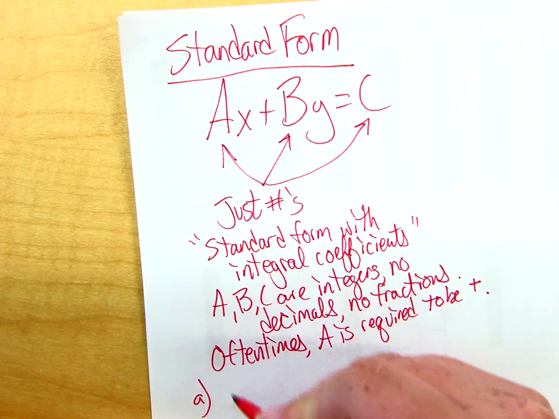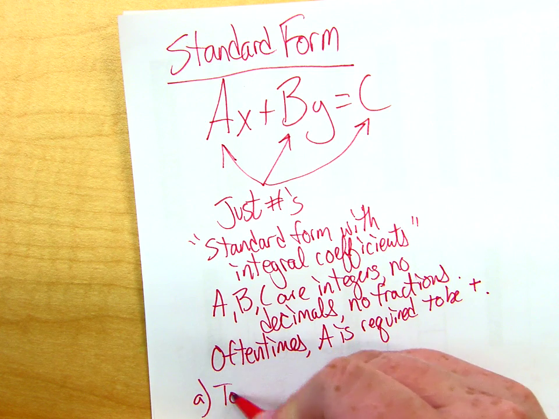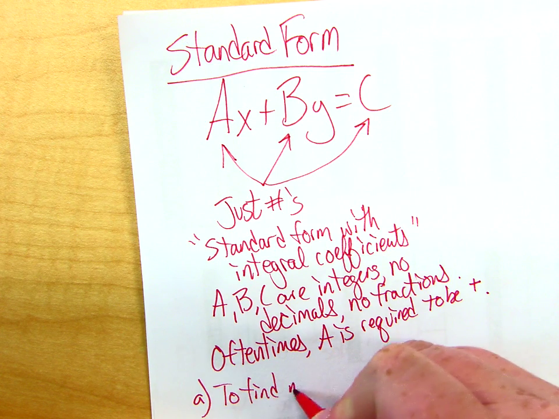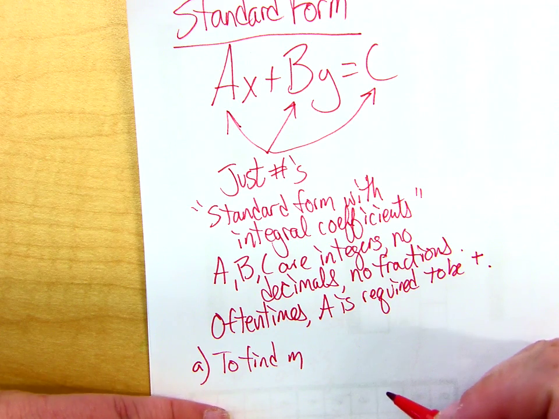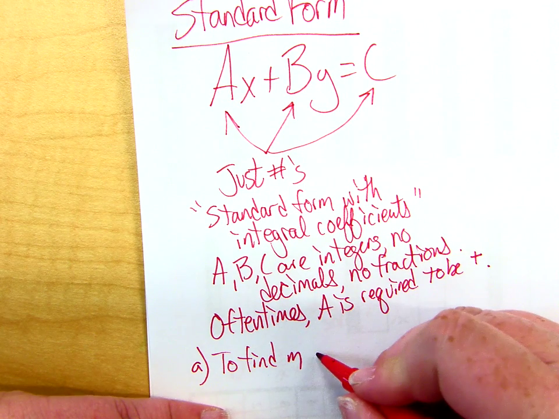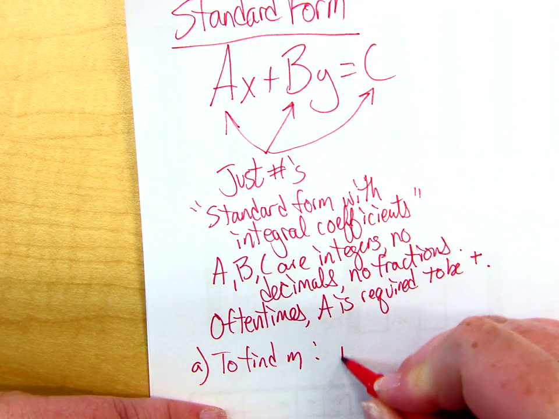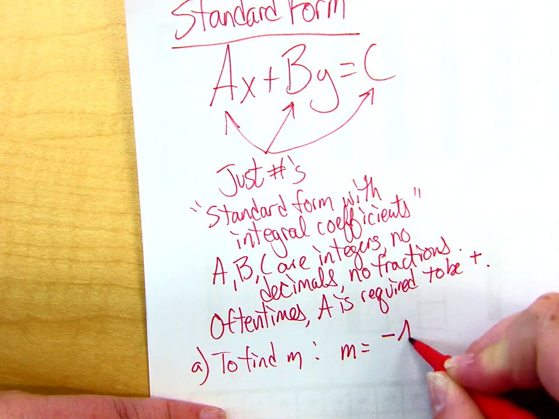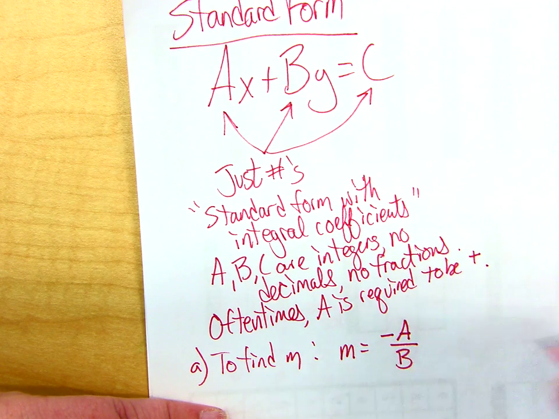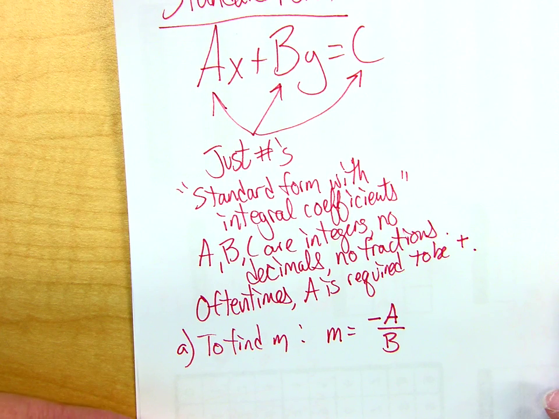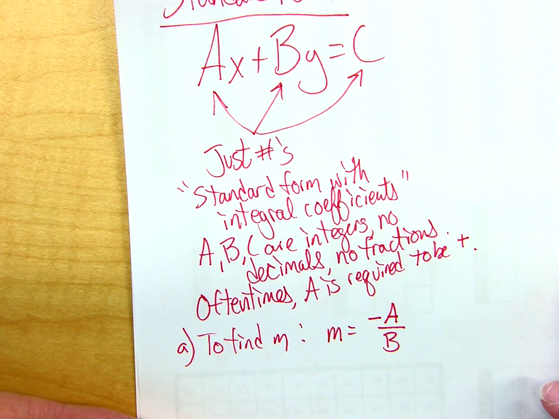So, in part A, to find the slope, all you have to do is take negative A and divide it by B. That's it.